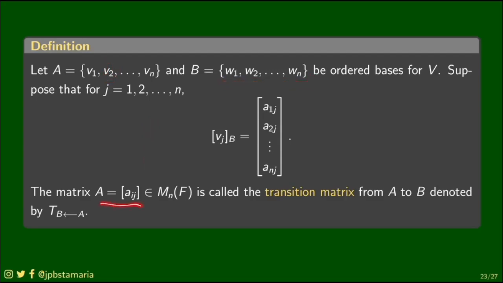The matrix that you will get is what we call the transition matrix from A to B. It's written as T with A and B, but you see the arrow is in the reverse direction for some reason. I will explain the choice of this notation later.